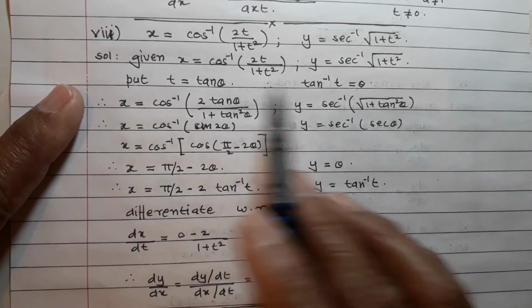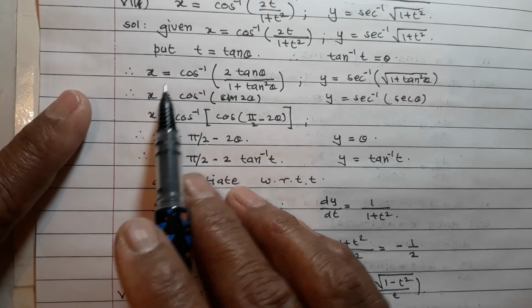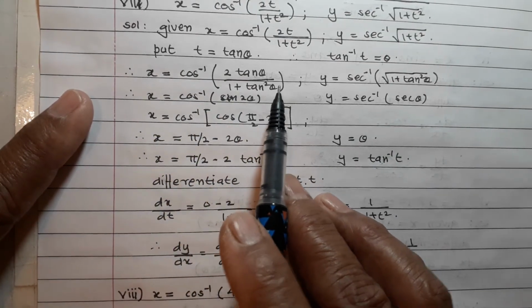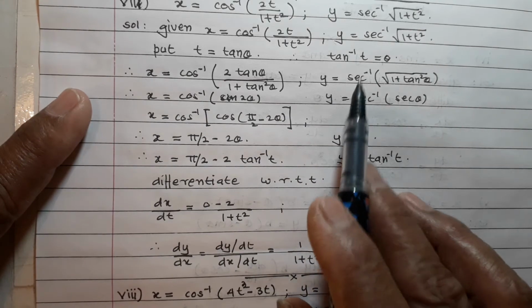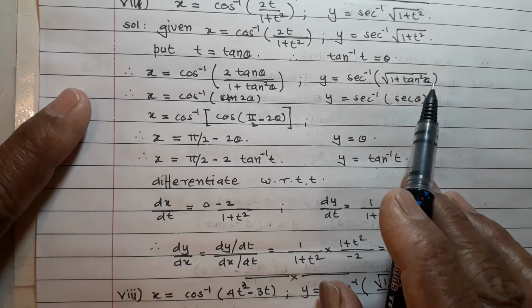So tan inverse t is equal to theta. x is equal to cos inverse of 2 tan theta upon 1 plus tan square theta, and y is equal to sec inverse of root 1 plus tan square theta.